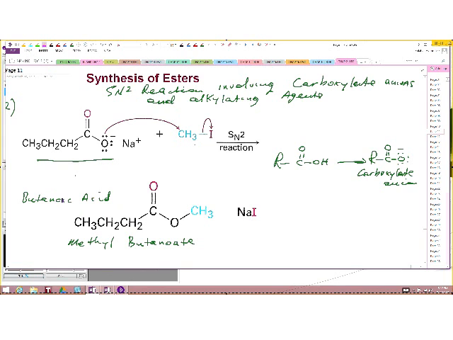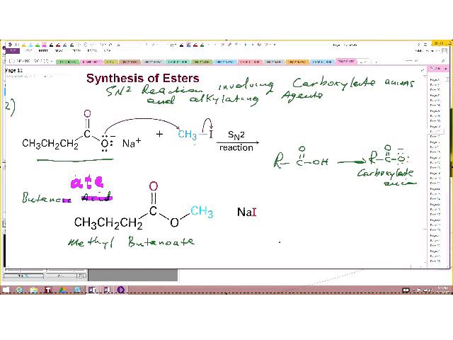To get the name of the ester, we remove the last IC, and then we remove the word acid, and we replace with ATE. And that is what you have here, butanoate. Also notice here, the name of the alkyl group that is attached to the oxygen must be a separate word. So these are separate words, methyl butanoate.